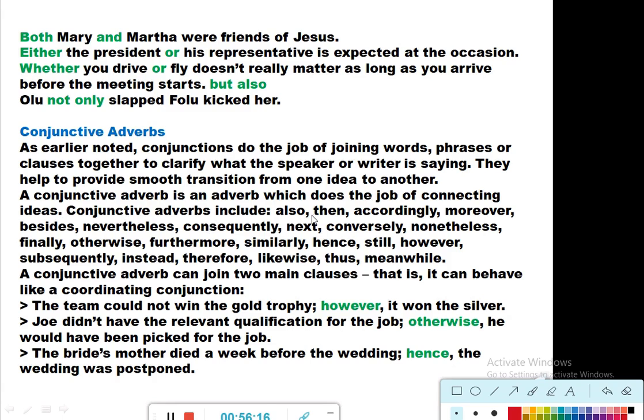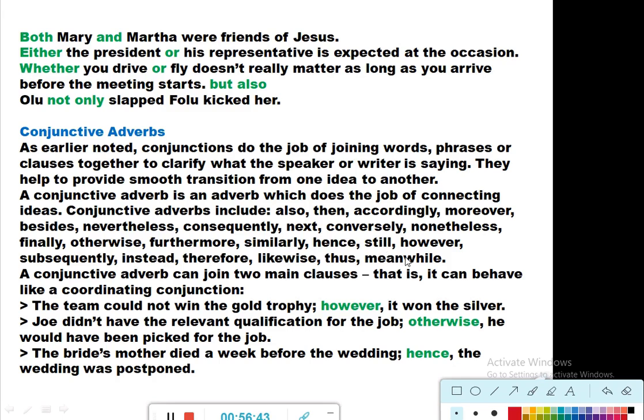Conjunctive adverbs include also, then, accordingly, moreover, besides, nevertheless, consequently, next, conversely, nonetheless, finally, otherwise, furthermore, similarly, hence, still, however, subsequently, instead, therefore, likewise, thus, meanwhile.